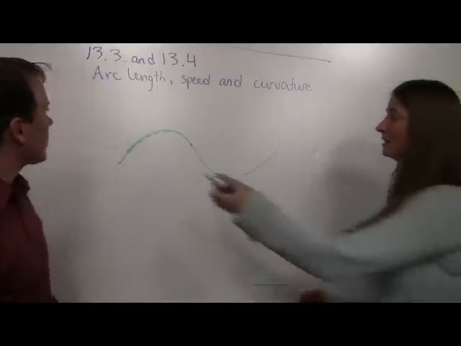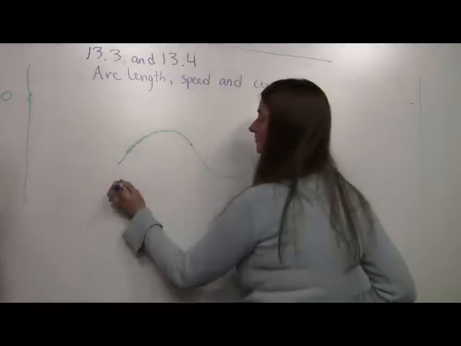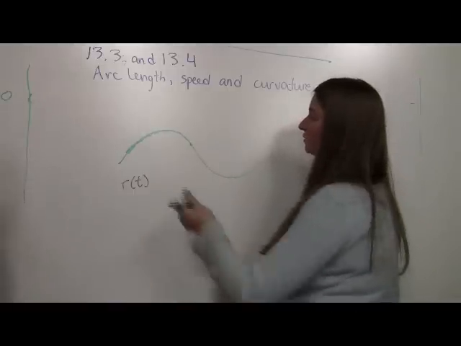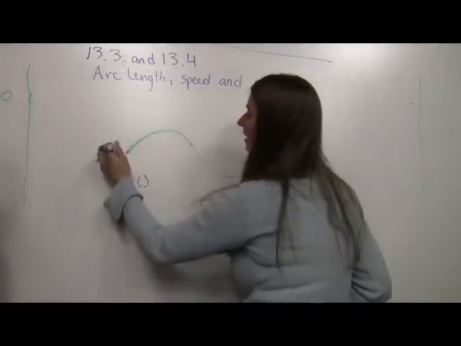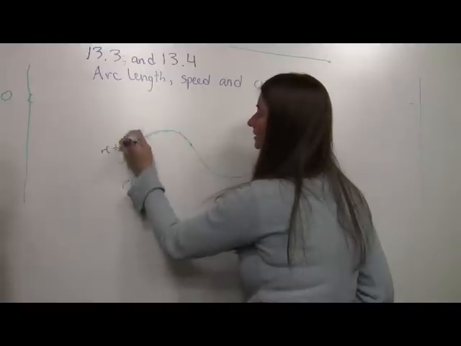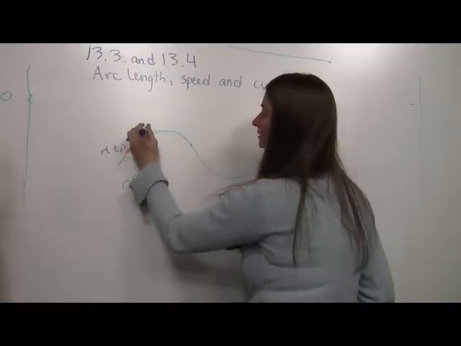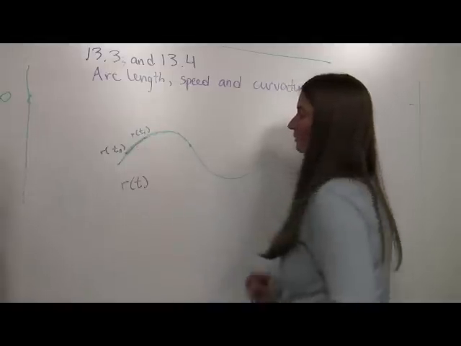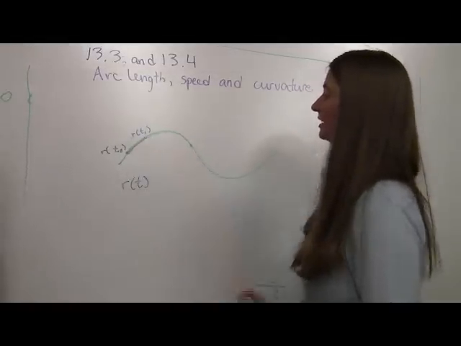So let's say that this path is given by some vector valued function r of t. And I want to know, as I travel from r of t naught to r of t1, how far have I traveled? We're going to do this by approximating it with a straight line segment.